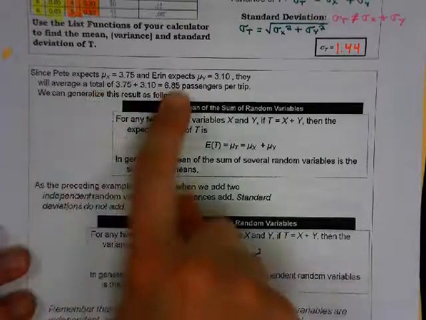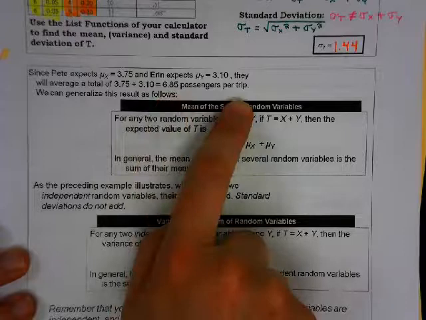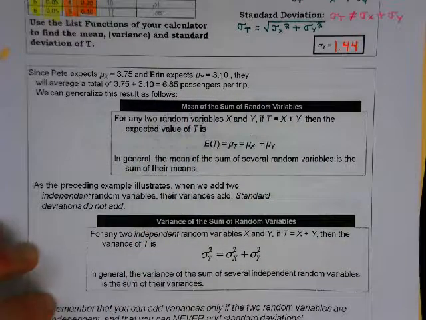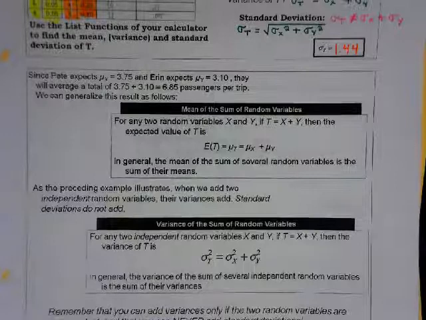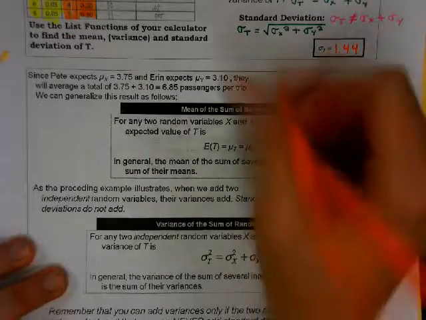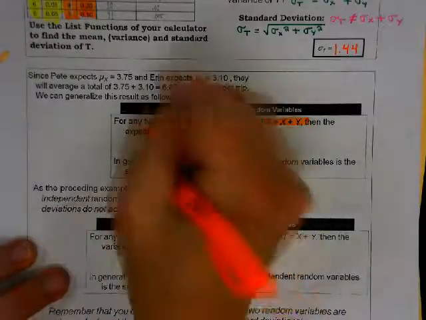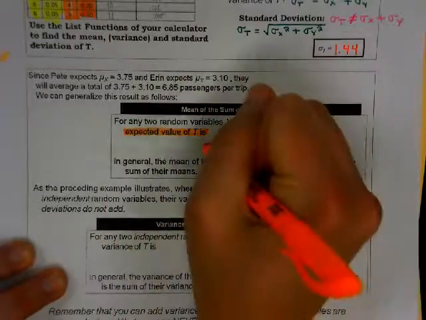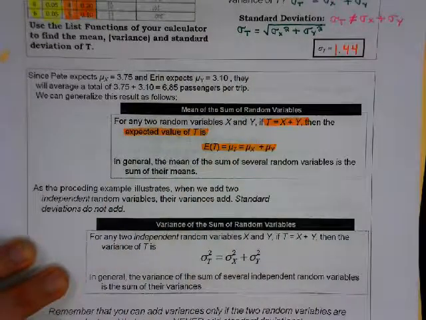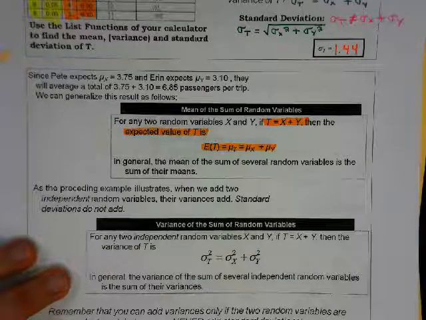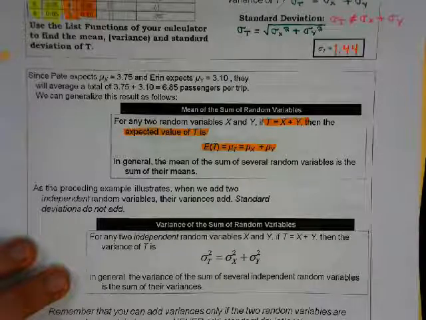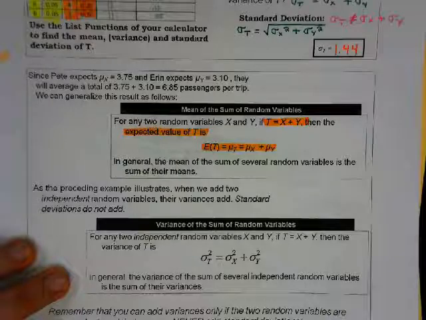So when we generalize that, if we're taking two random variables and adding them together, then the expected value for the sum comes from adding their expected values together. When we add two random variables, we can add their variances, but we cannot add their standard deviations.